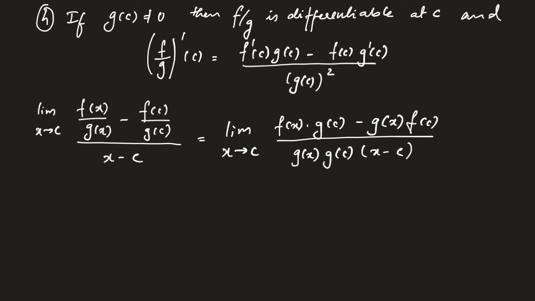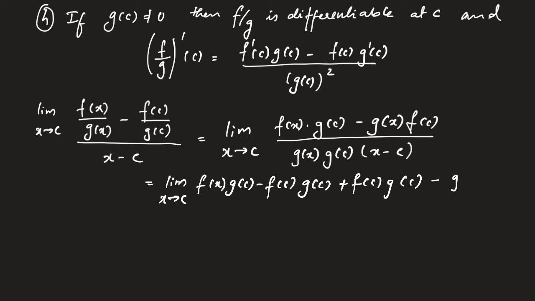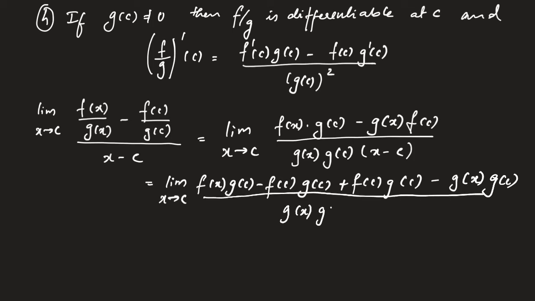Now just like what we did to prove product rule, we will add and subtract something. So this is equal to limit x tends to c of f of x into g of c minus f of c into g of c plus f of c into g of c minus g of x into g of c, divided by g of x into g of c into x minus c.